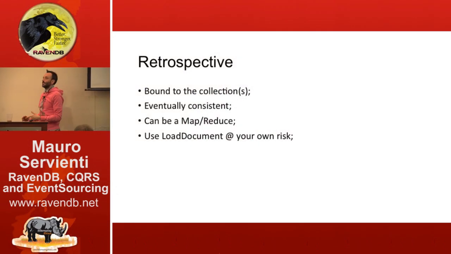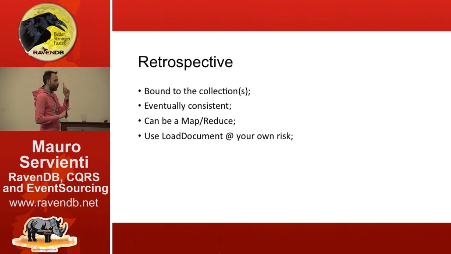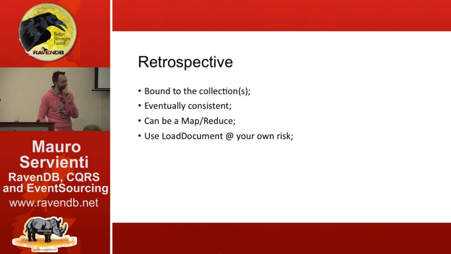The interesting thing is that an index is bound to a collection. The index is eventually consistent, and doing what we have done has the positive side effect that we can know if the index is stale or not. If we put data in a totally different storage, really projecting into another document, and we query that storage, maybe on SQL Server, for example, because we like to search on SQL Server, there is no way to know that that storage is out of sync.